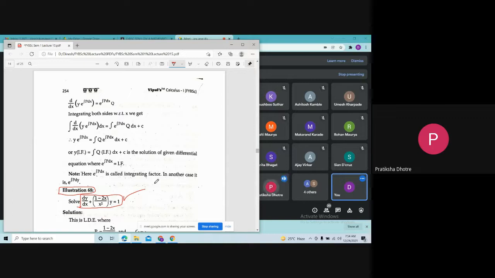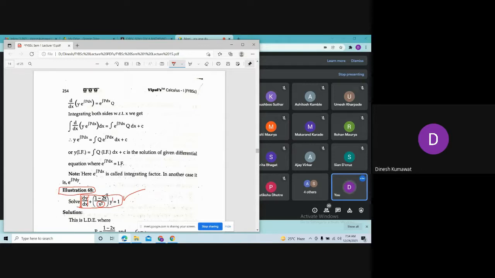No, sir. No, because here we are having a term which contains x square. So this is not linear in x. Is it linear in y? Yes, sir. Yes, because here the degree of y is 1 and the degree of this first order derivative is also 1. Hence, this is linear in y.